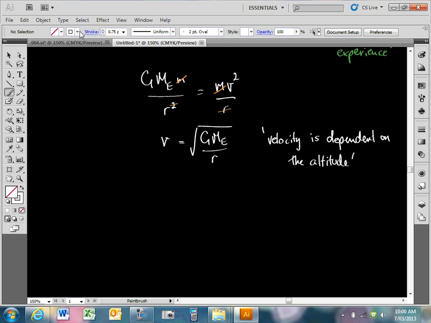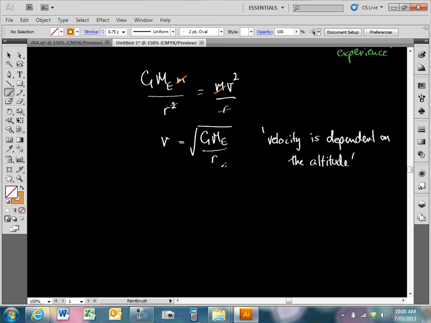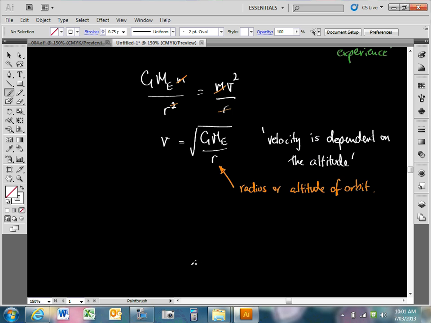And in the last lesson I stated this. I said that this radius or altitude, period of rotation.